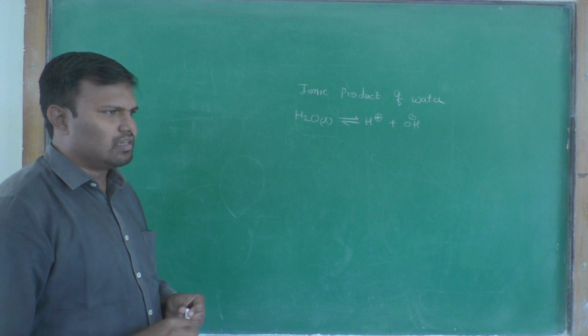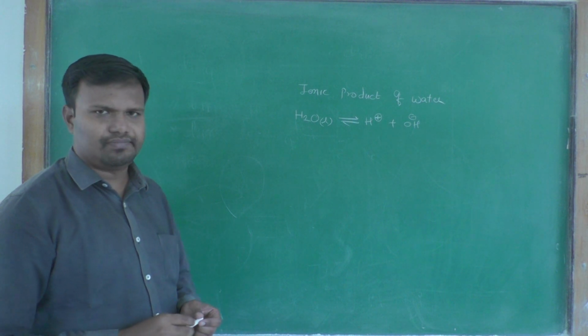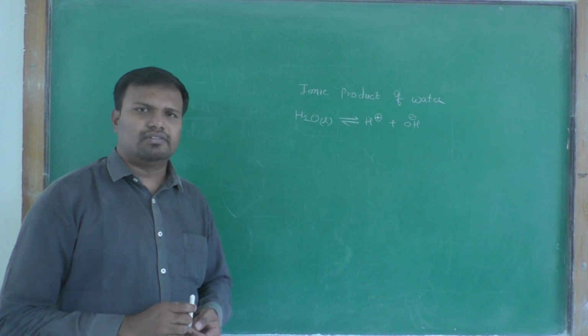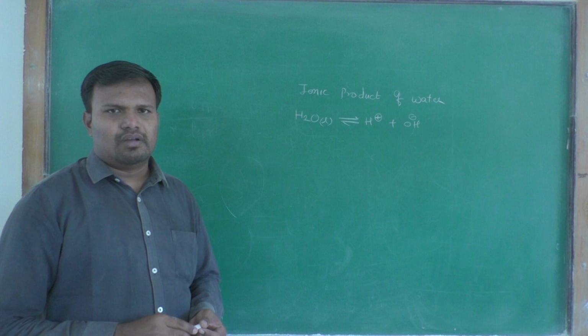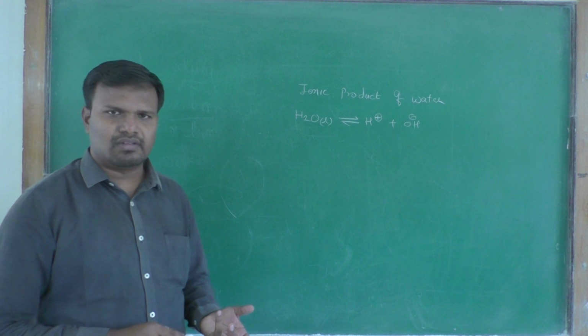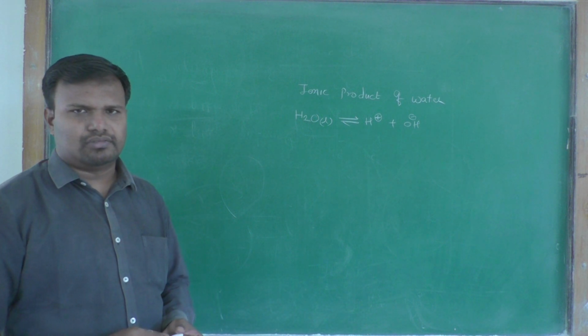Actually, water is an amphoteric solvent. Amphoteric means it can act as a base by giving the lone pair, and it can act as an acid by giving the H plus ions.